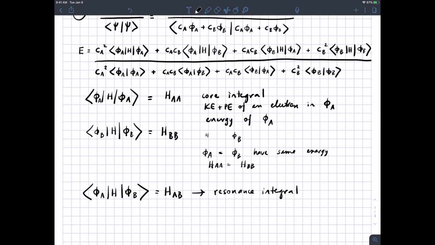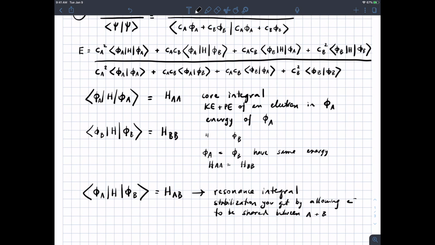What it means is this is the stabilization you get by allowing the electron to be shared between nuclei A and B.